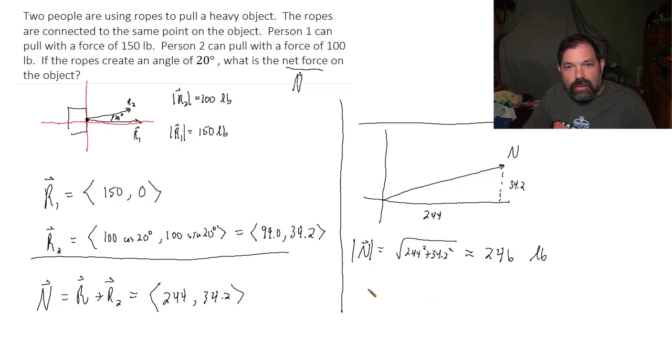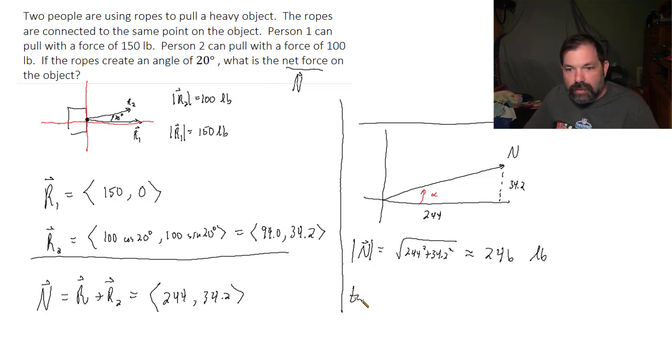And then another thing we might want to consider is, what angle? We know that originally those two ropes were pulling 20 degrees apart. What's the resultant angle? Let's call this angle here alpha. We could easily use a tangent function now.